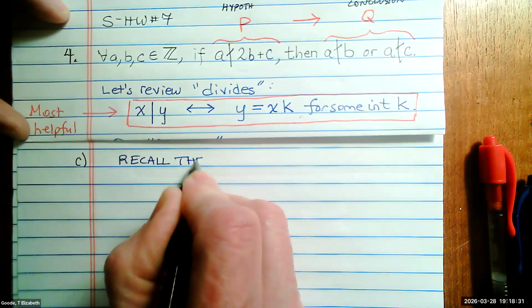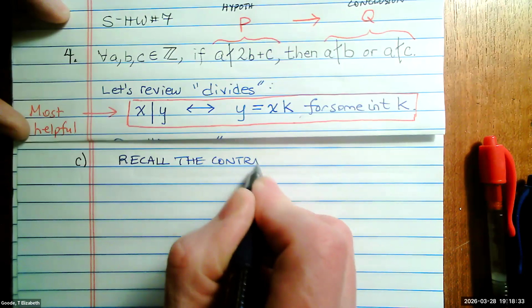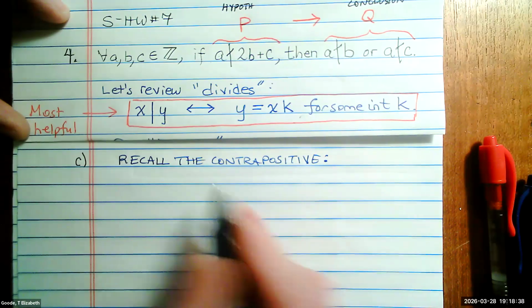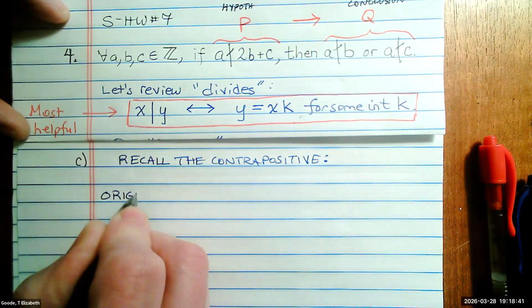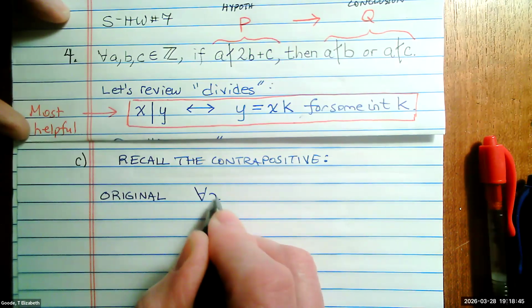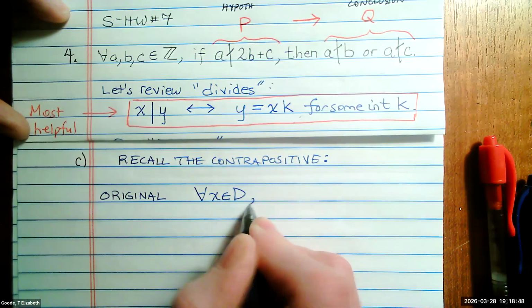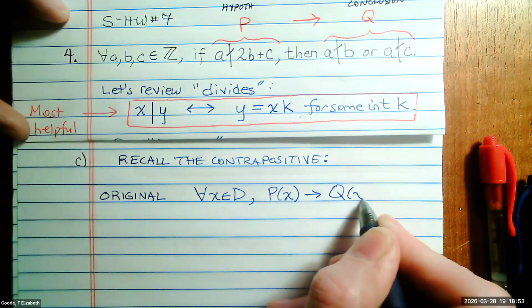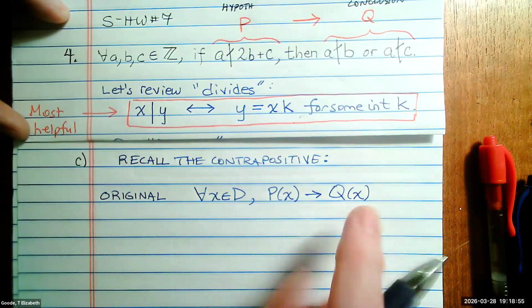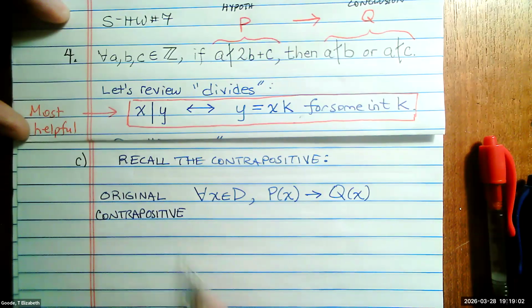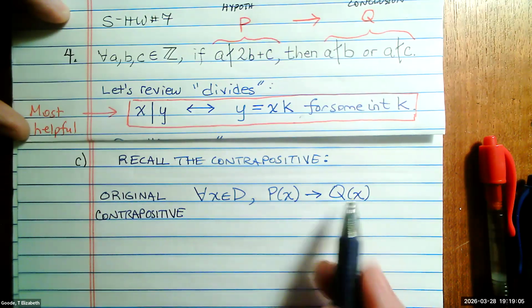Recall the contrapositive. So if the original looks like this, for all x in D, P of x implies Q of x, that's when we just have an x for a variable, then the contrapositive is another if-then, and it's the one that is logically equivalent to the original.